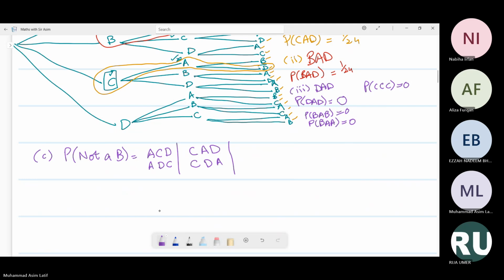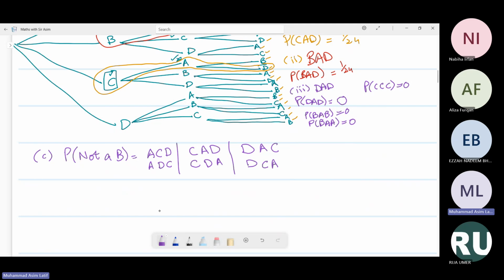Then if it was D card at the first place, now he has got two more choices, that A could be at the second place and C on the third, or C on the second place and A on the third, with D being at the first place.